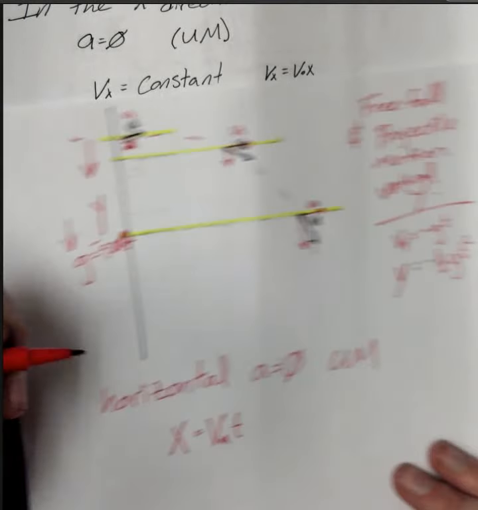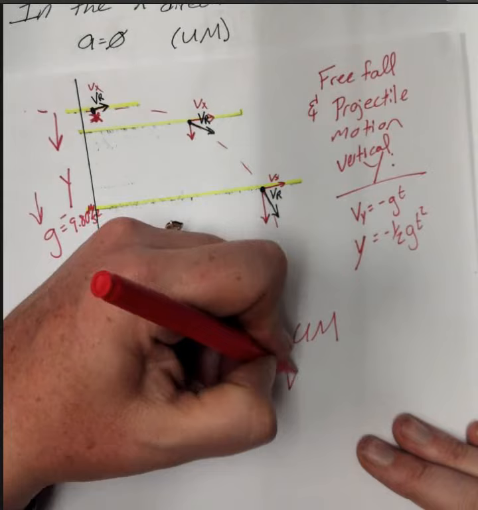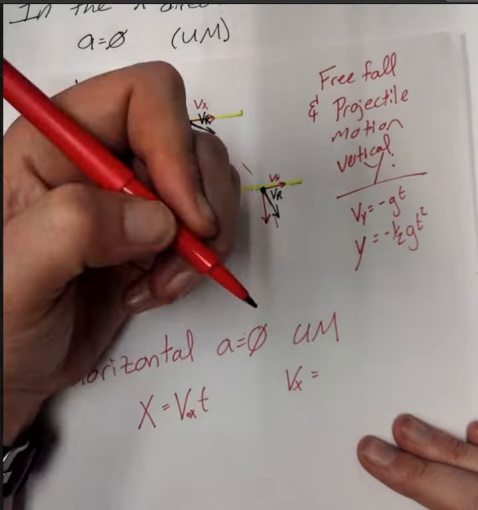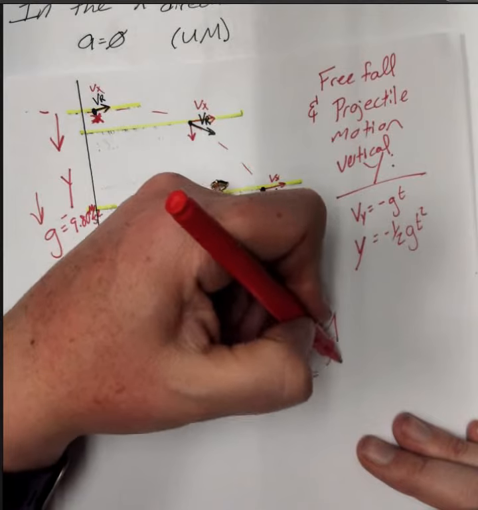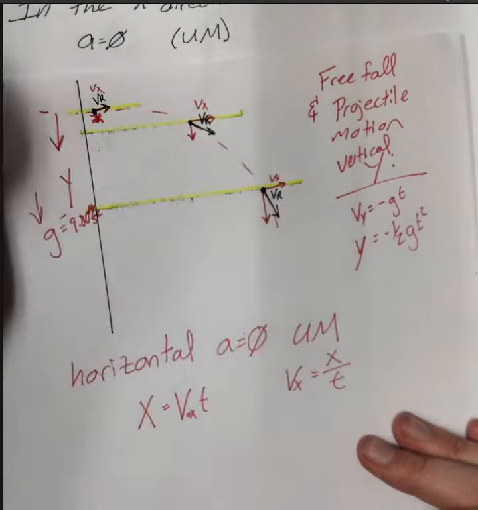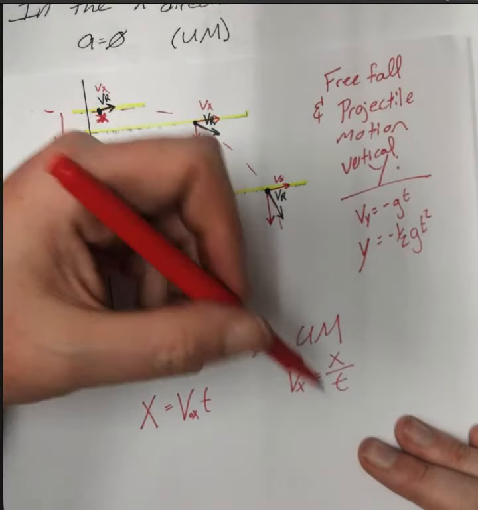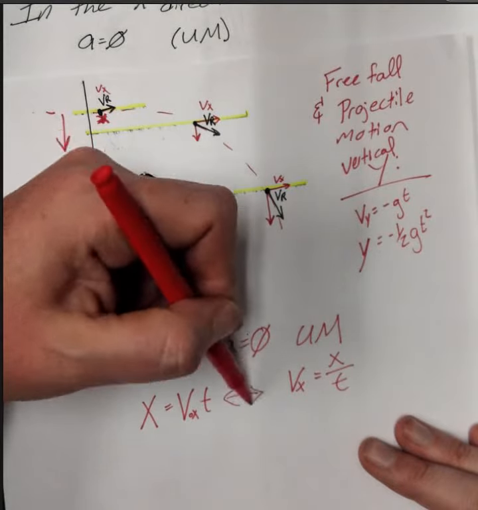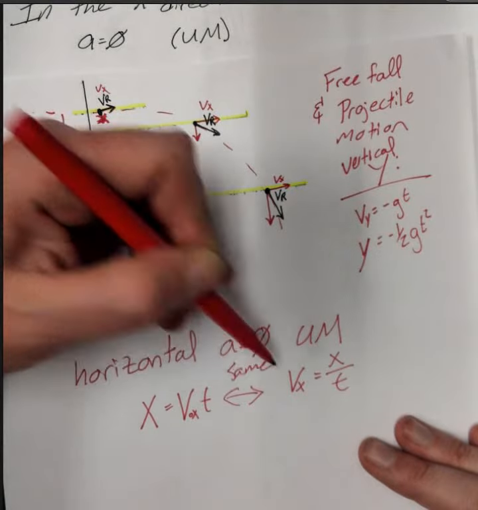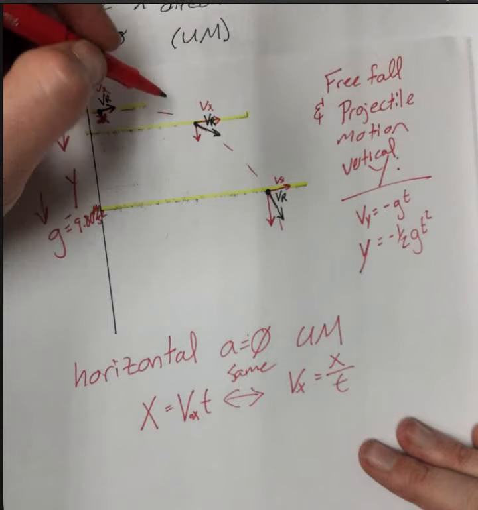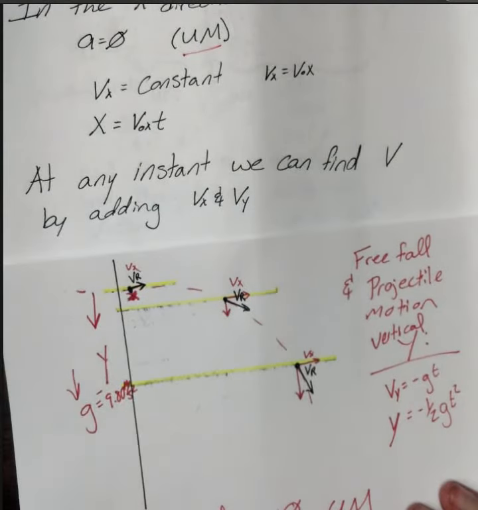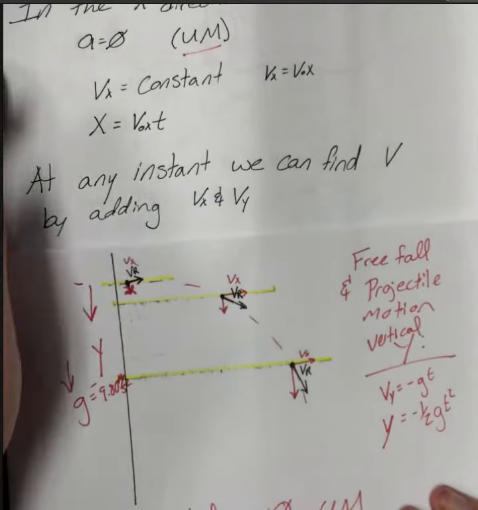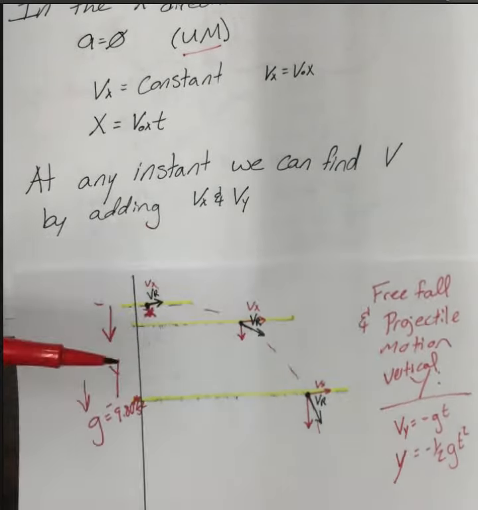That comes from the relationship that velocity in a uniform motion situation is equal to the displacement over time. It's the only equation that we need for uniform motion. So that means that at any instant we can find velocity by adding the Vx and the Vy components.